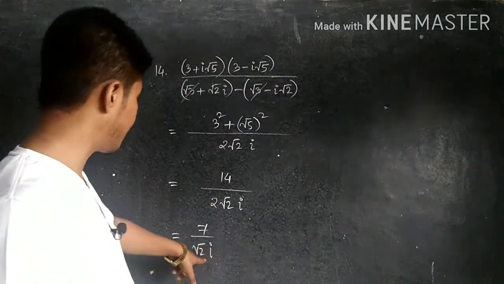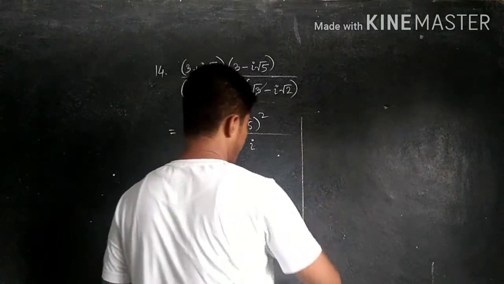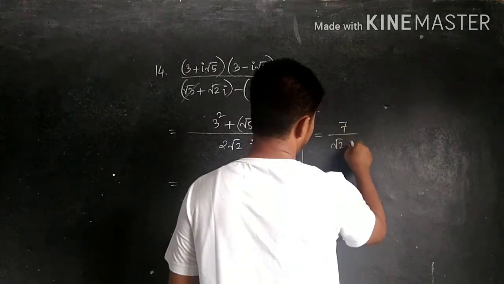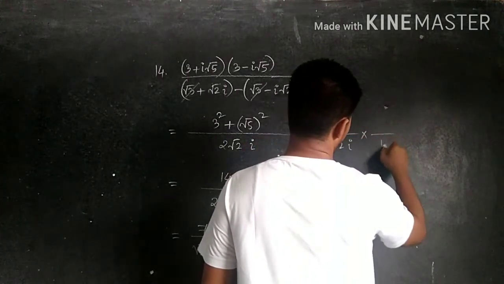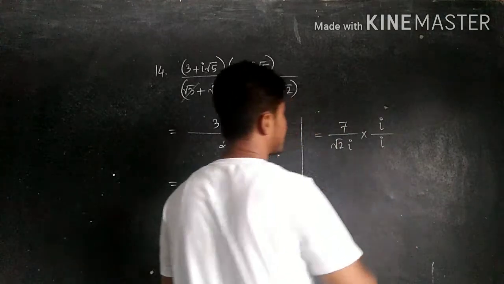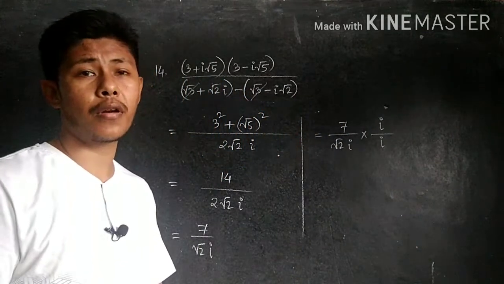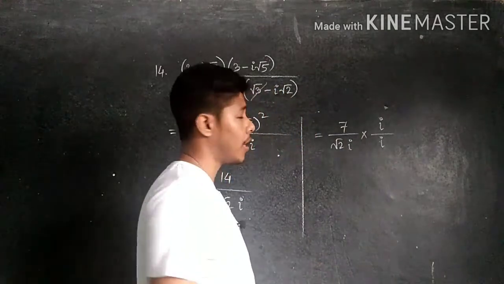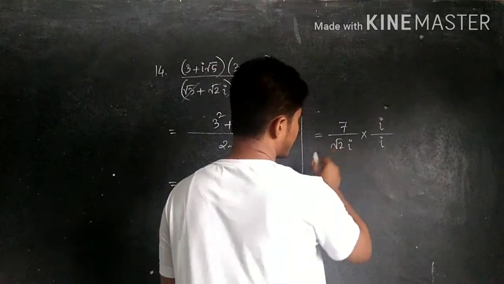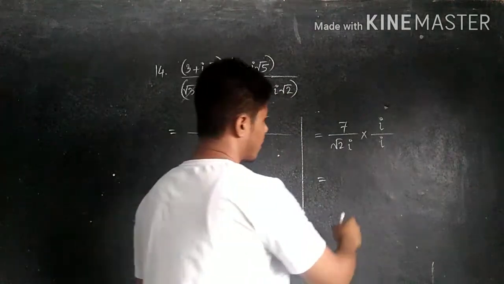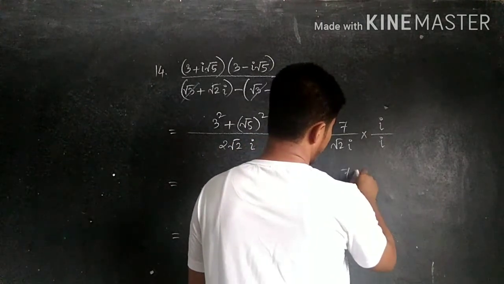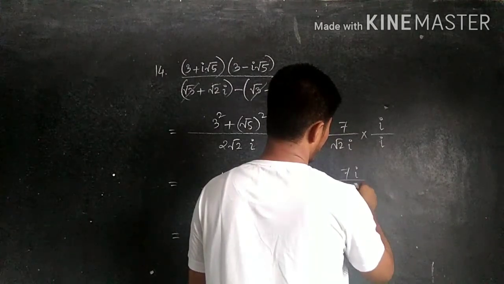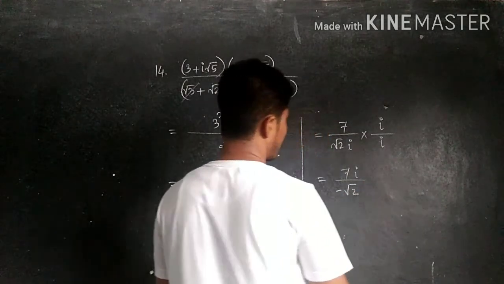Already here we have 7 root 2i, so we multiply by i, and to balance the result we multiply by i in the numerator also. So i into i, that is i square, means minus 1. So simply here we write minus root 2. Finally the result is 7i divided by minus root 2.